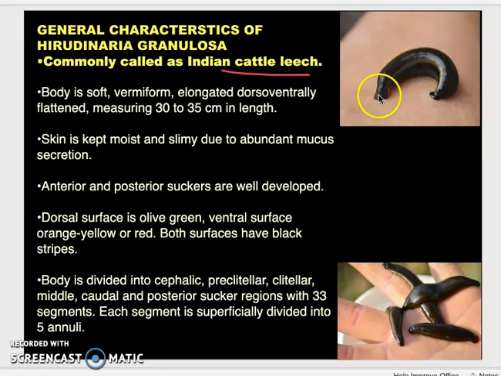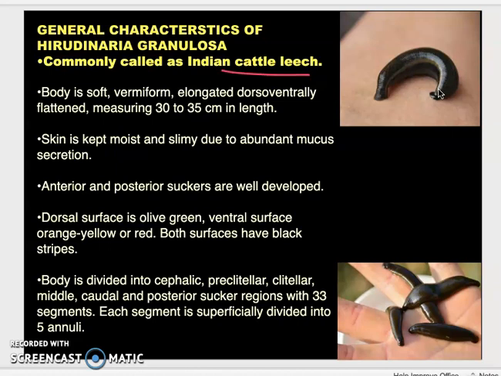The anterior and posterior suckers are well developed, and the dorsal surface is olive green, while the ventral surface is gray, yellow, or red.